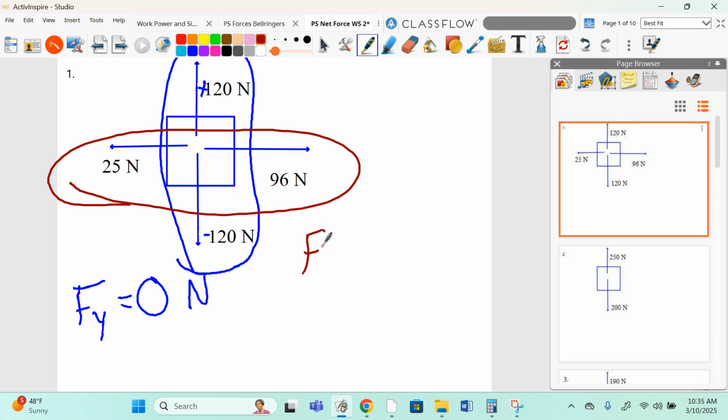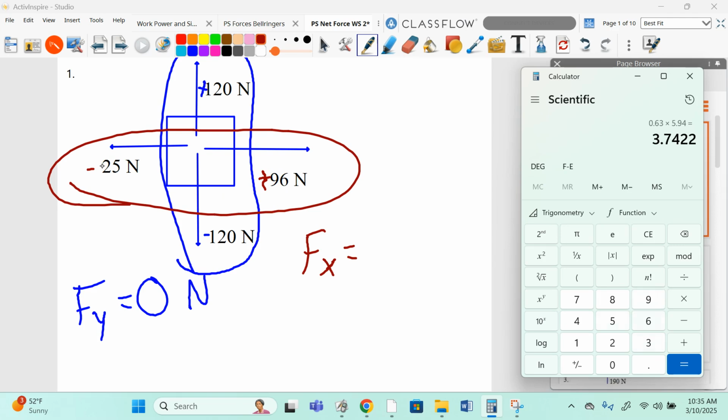As I'm taking a look at the forces in my x dimension, left and right, which is horizontal, I get 96 to the right. That is my positive value. If I have a force that's going left, that gets assigned a negative value. Then all it is, is adding and subtracting.